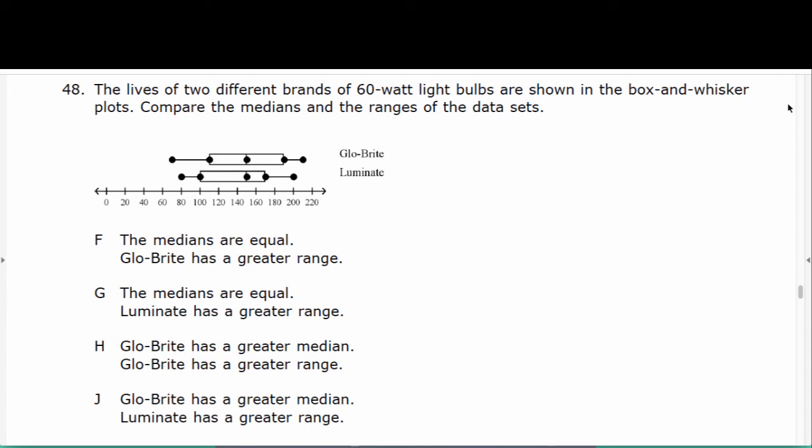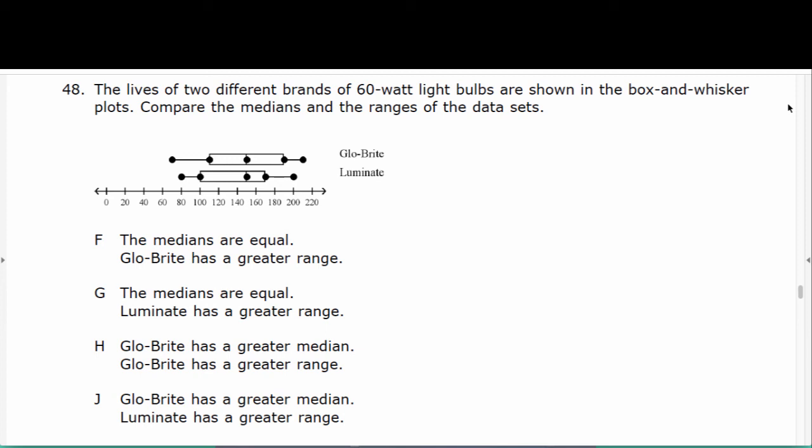Question 48. The lives of two different brands of 60-watt light bulbs are shown in the box and whisker plots. Compare the medians and the ranges of the data set. Need anything in the box and whisker plots read? Please raise your hand.